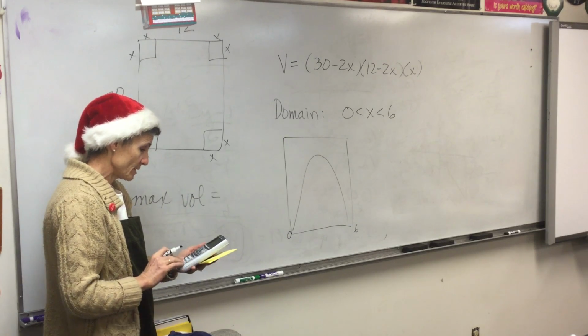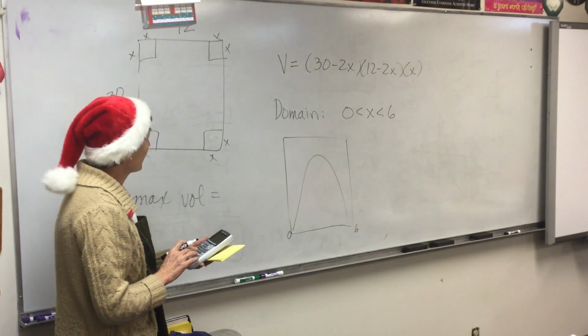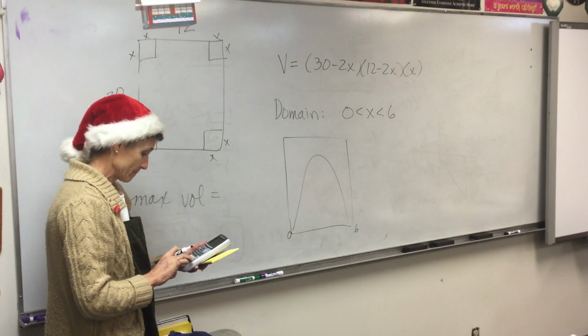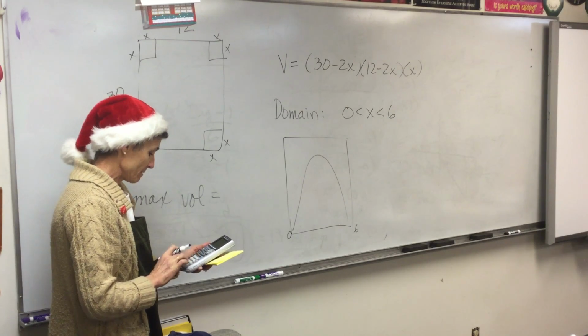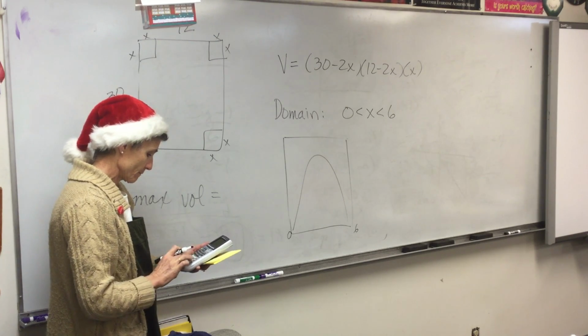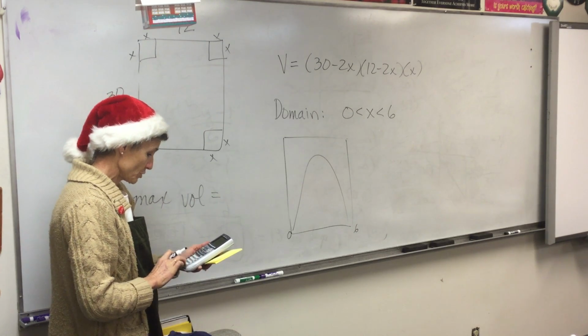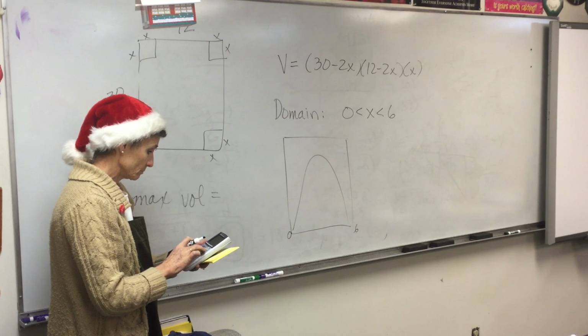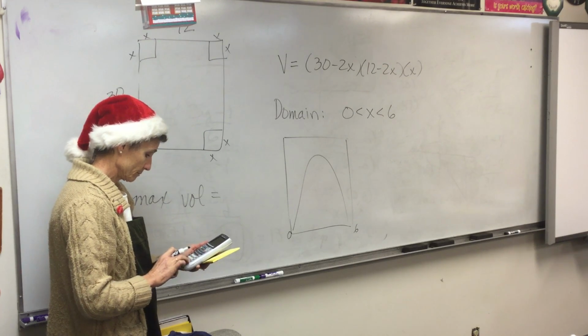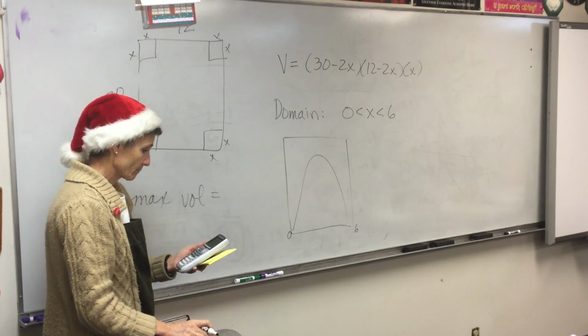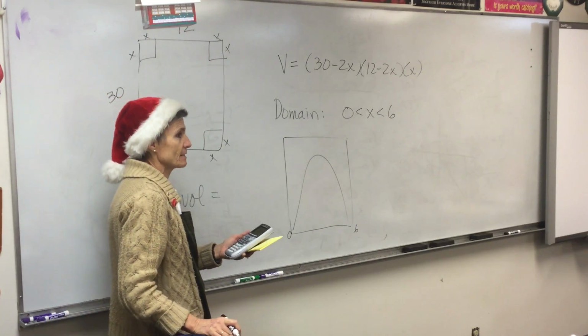Remember, if you have issues, it might be because your plot is still on. It might be because you didn't change your window. Might be because you typed in the wrong equation. Oh, 300's not big enough, is it?